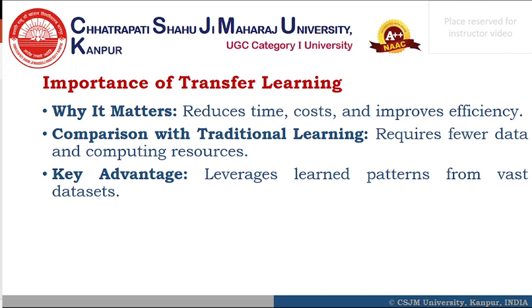These learned features can then be adapted to new tasks with minimal modifications. This adaptability makes transfer learning particularly useful for domain specific applications where collecting large labeled datasets can be challenging, such as medical diagnostics, natural language processing, financial fraud detection, etc.